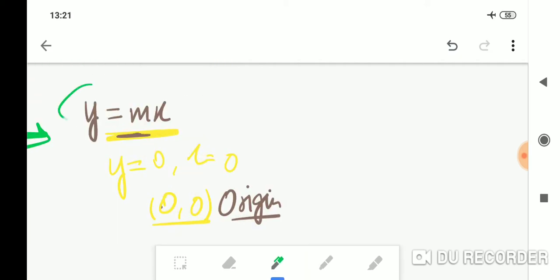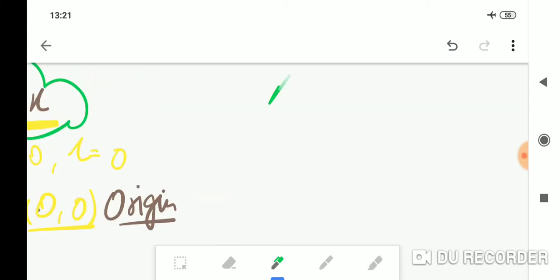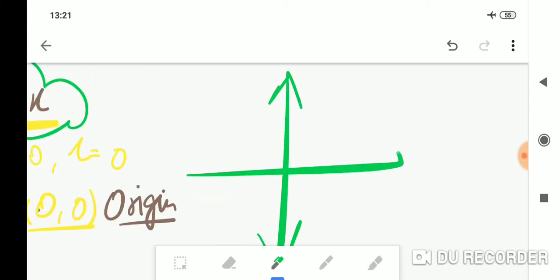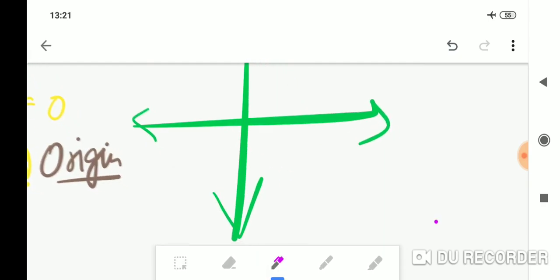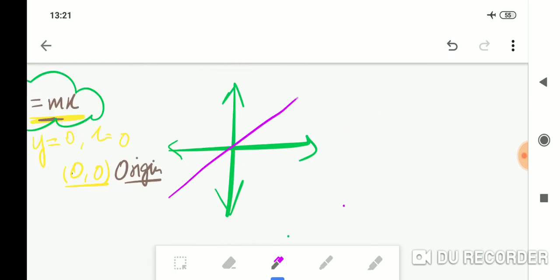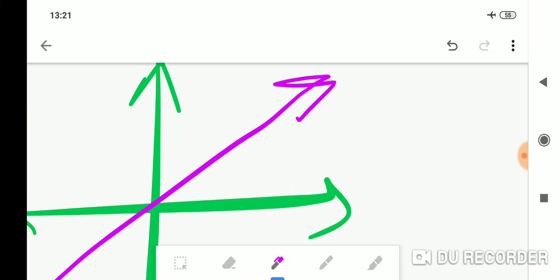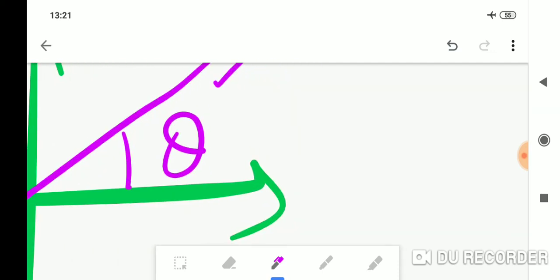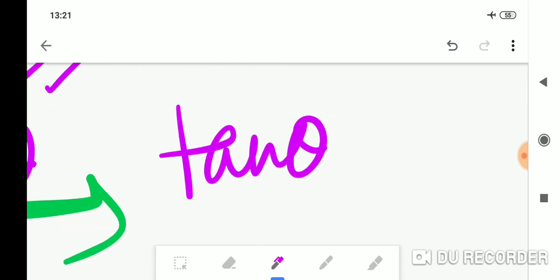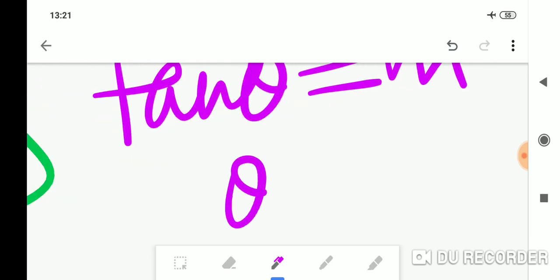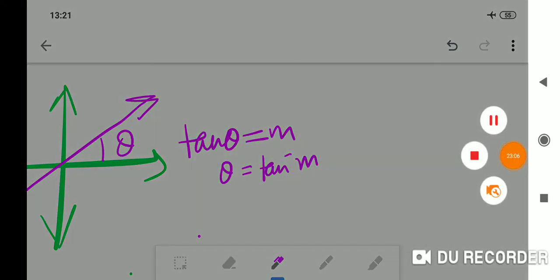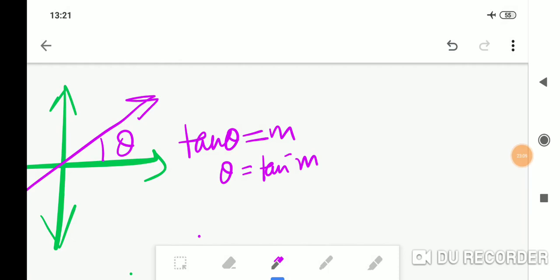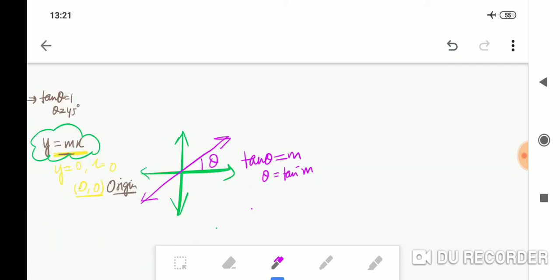For y equal to mx, the graph will be something like this, and we never know the value of this theta unless we know tan theta equals m, meaning theta is equal to tan inverse m. From there you can easily get the value of theta. So this is the graph for y equal to mx.